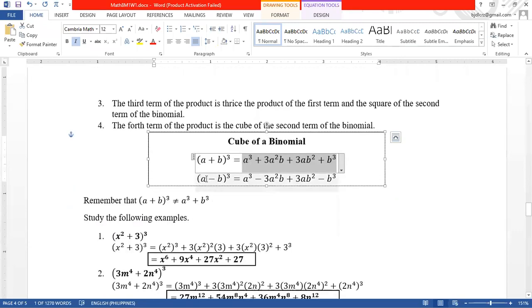The same as this one, the same ani which is negative. So a minus b raised to the power of cube or 3. So ang mag-change lang niya is ang sign niya sa negative 3a squared b and sa iyang negative b cubed.